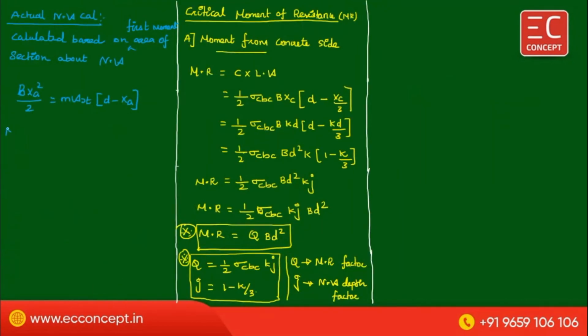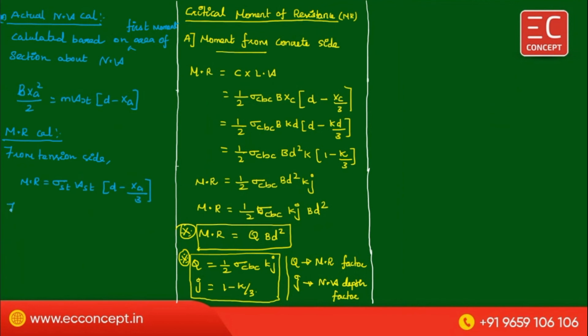Now, moment of resistance calculation. Moment of resistance calculation we can take from tension side. If you take moment from tension side, then moment of resistance is equal to stress into area, you will get a force, into D minus XA divided by 3.